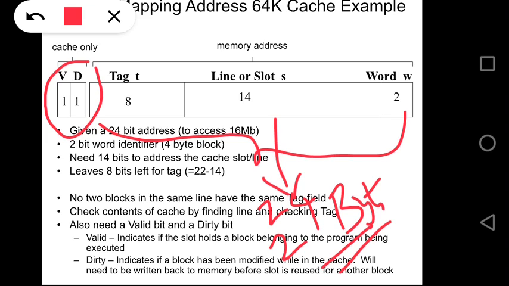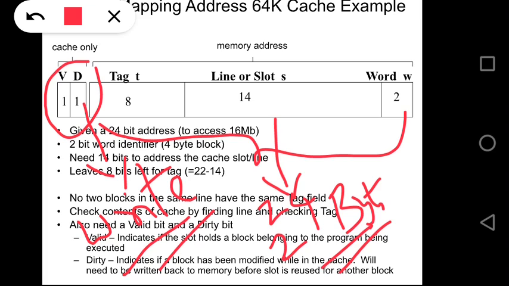Whether this particular slot holds a block belonging to the program being executed. Next, I have a dirty bit, which indicates if a block has been modified. So this dirty bit is related to write operation, whether you modified the content of the word in the cache or not.